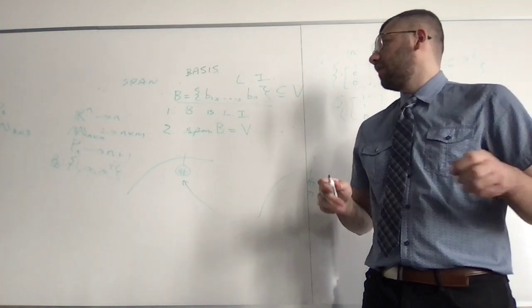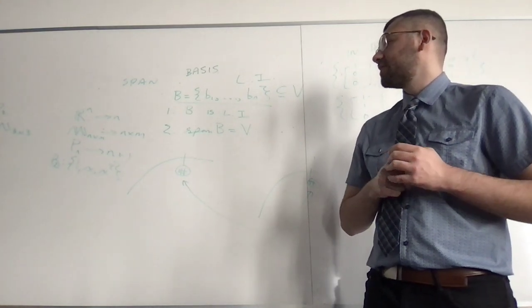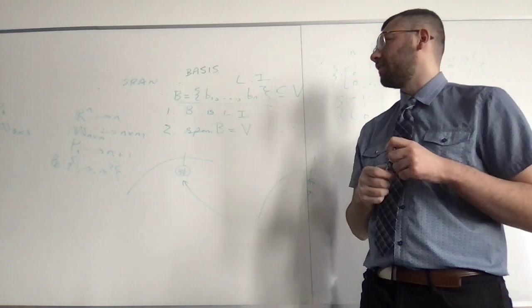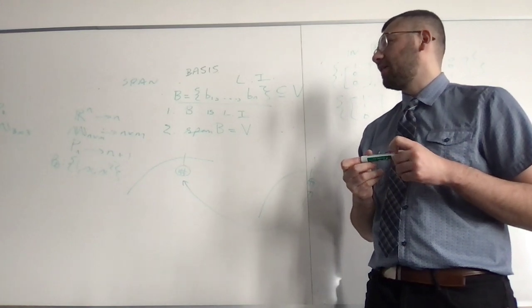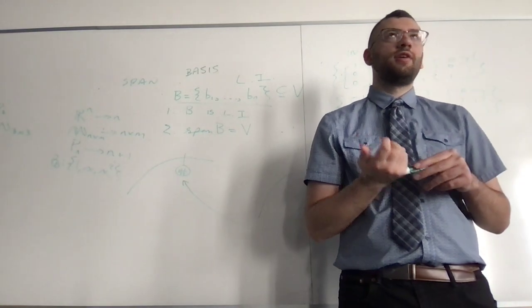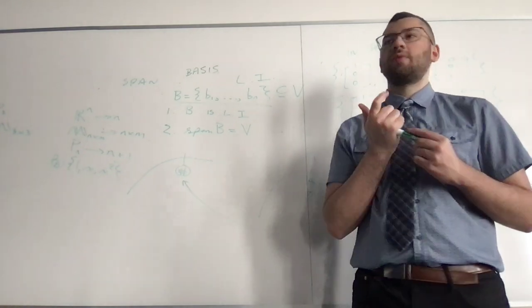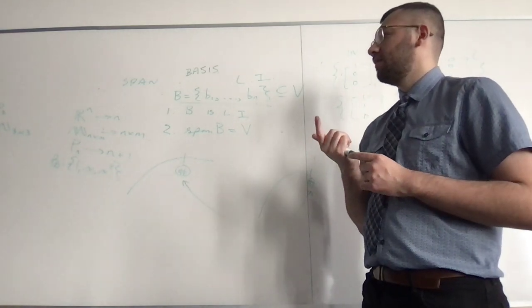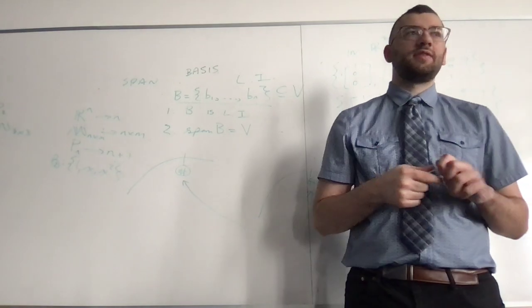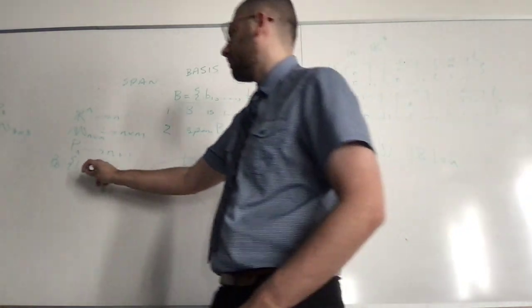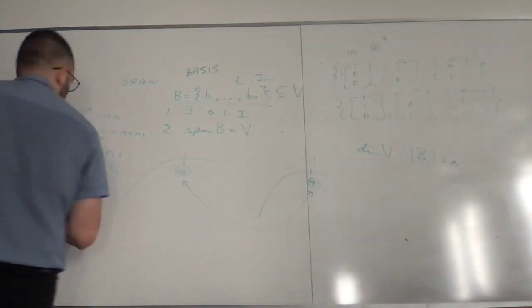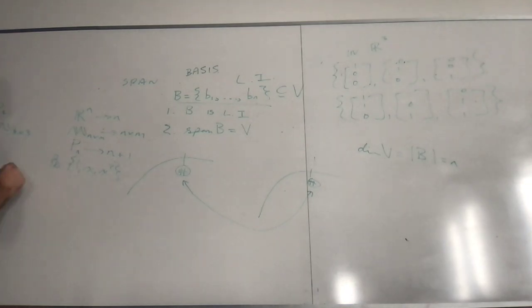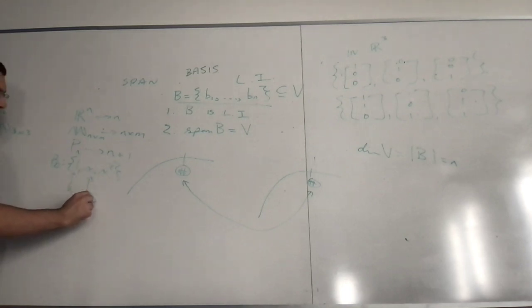Okay, so the nice thing about a basis, why do we care about this? It's because once you have a basis, you have a unique way to represent any vector in that vector space using a linear combination of those things. As an example, let's say that this here is B1, this is B2, and this is B3.